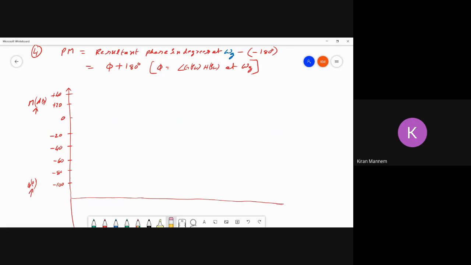I want to make it a straight line. This is 0 degrees.